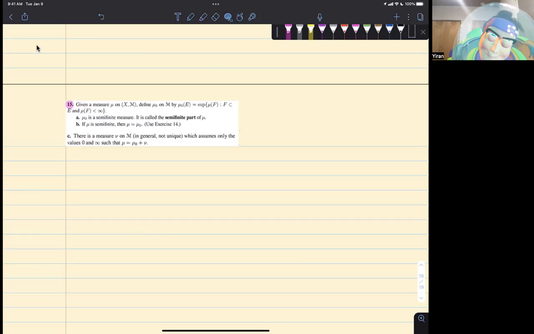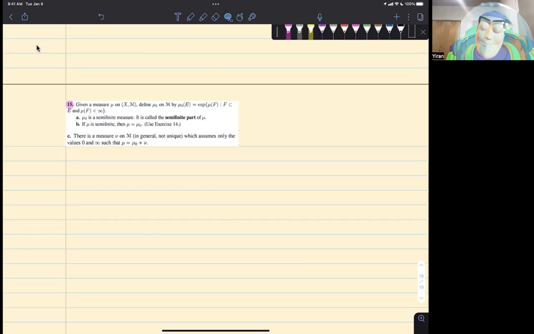Since mu_0(Ej) is equal to the supremum of mu(Fj), such that Fj is a subset of Ej and mu(Fj) is finite.